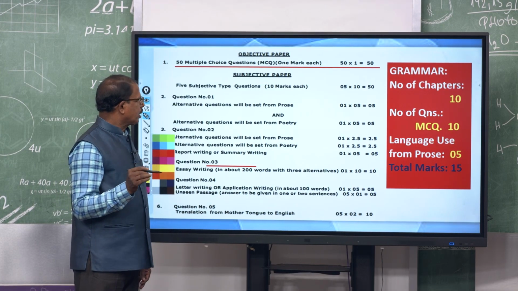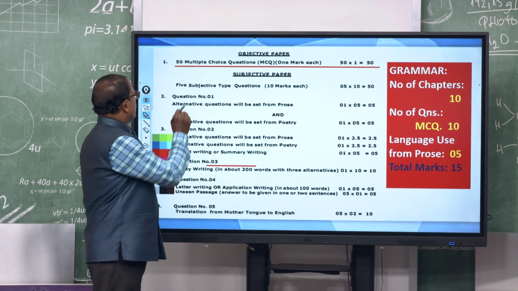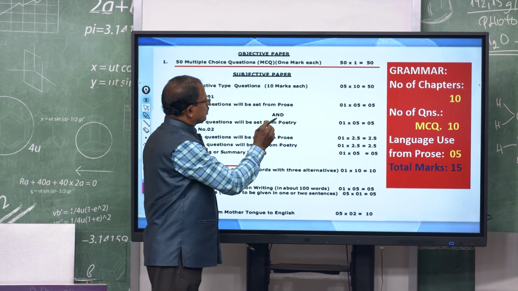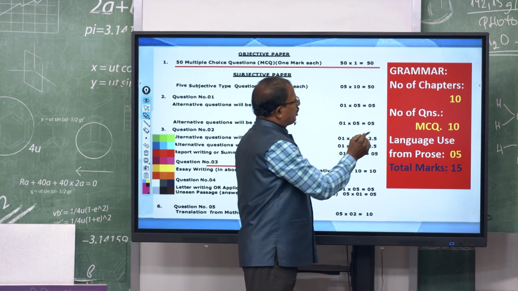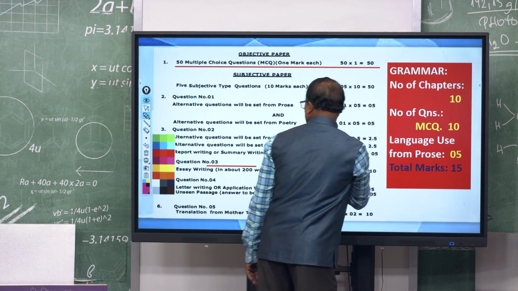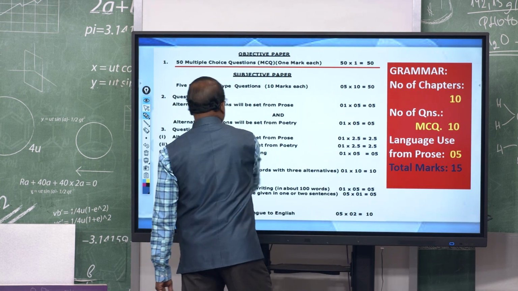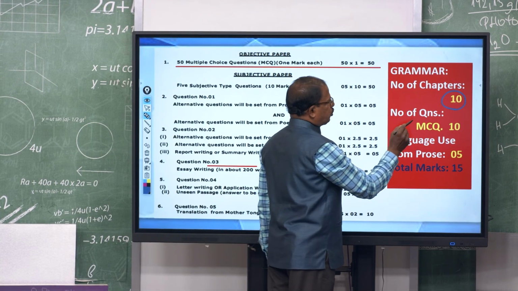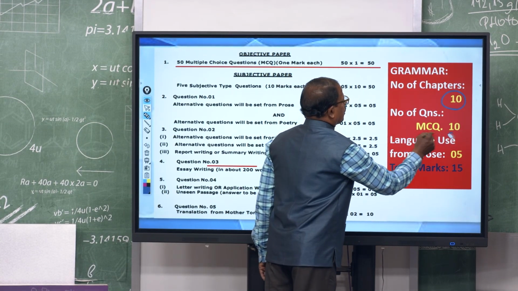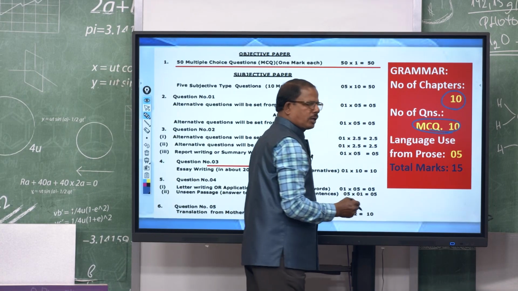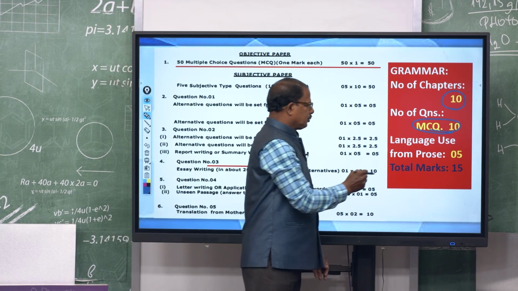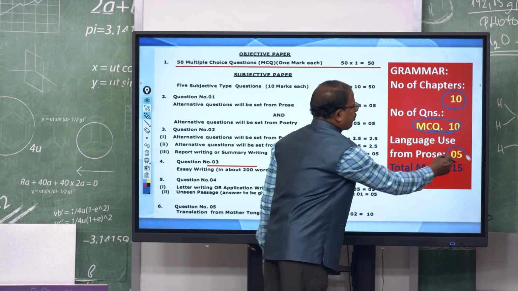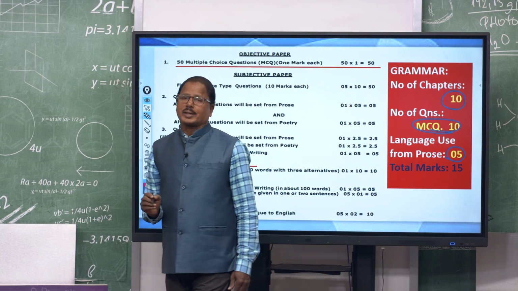Each question carries 1 mark, right, and there are 50 multiple choice type questions, and from grammar you have 10. You have 10 chapters, and you can get one question from each chapter as MCQ questions, 10 questions, and then you can also get 5 questions from prose texts.